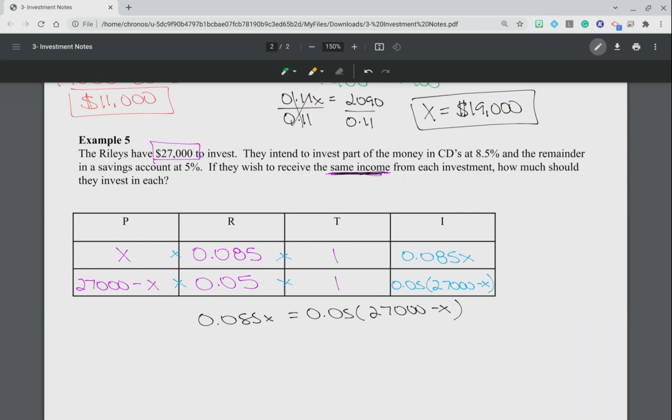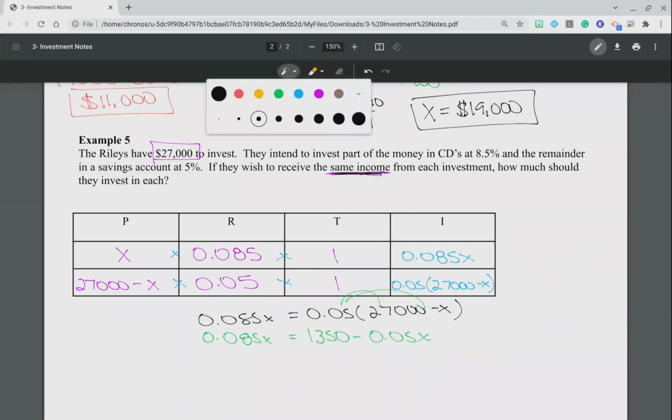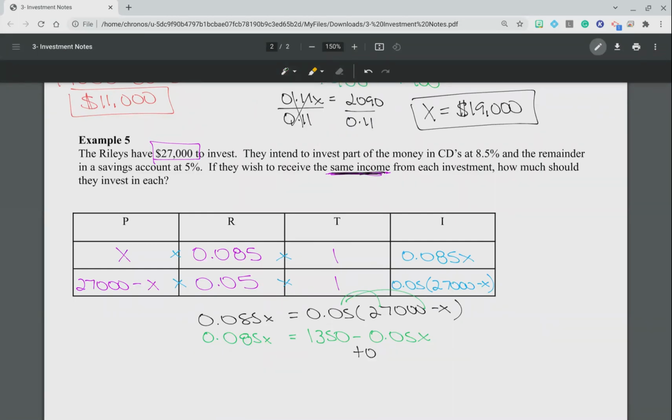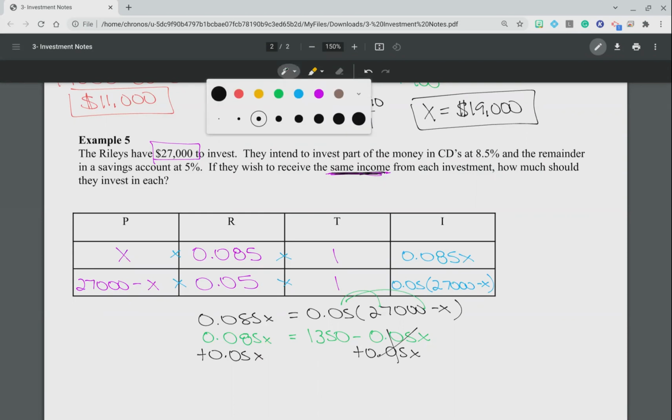All right, just like we did before, I'm going to distribute. And 0.05 times 27,000 is 1,350. And then minus 0.05x. Let's get our x's to one side of the equation. So I'm going to add 0.05x to both sides to get rid of that.